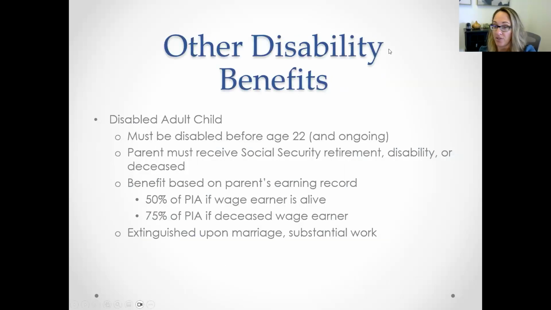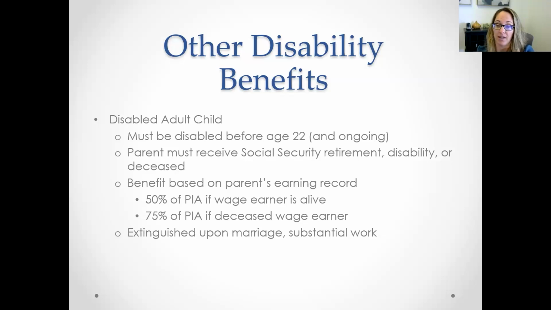There are some other disability benefits. You might have heard of disabled adult child benefits. Disabled adult child benefits is a Title II benefit, so a disability insurance benefit for people who became disabled prior to age 22 and continue to be disabled. They can get benefits even if they've never ever worked on their own and therefore never paid in and don't have those quarters of coverage.